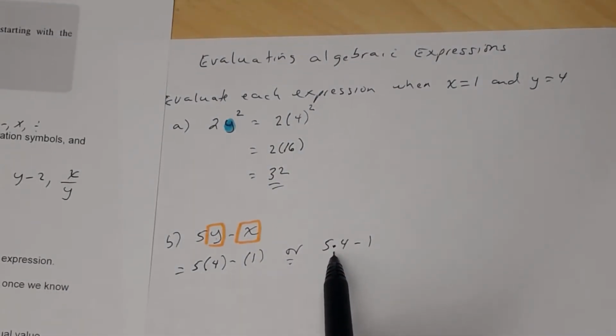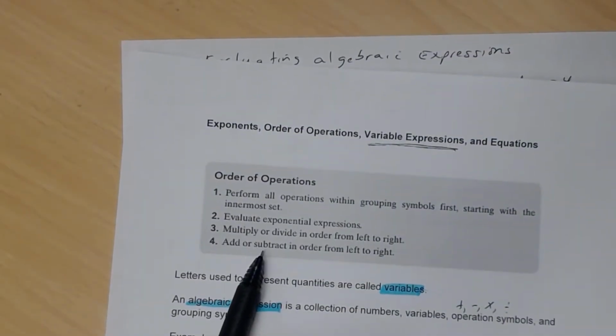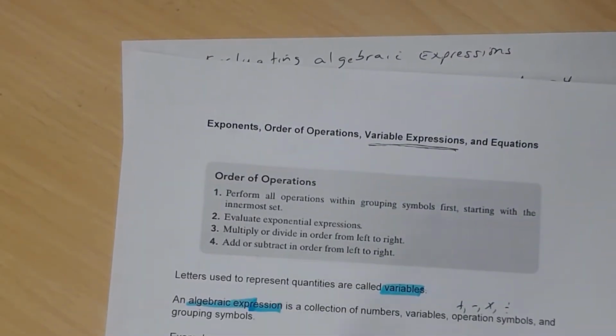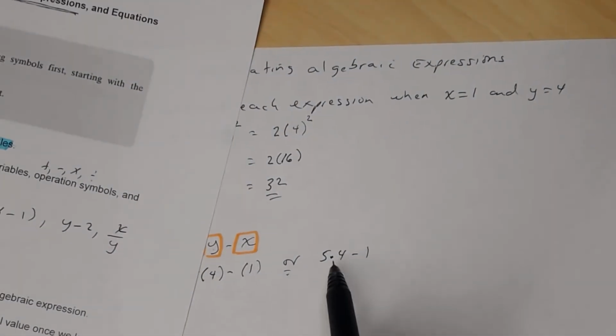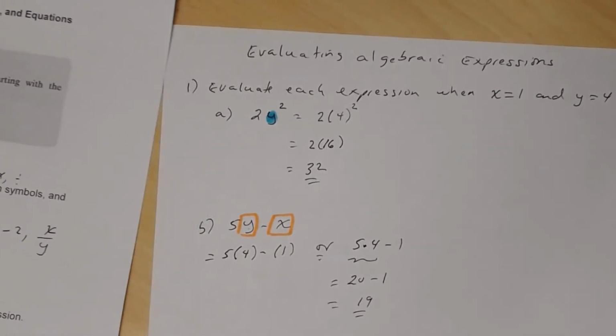The last thing I do is subtract and add from left to right. Multiplication has a higher priority than subtraction, so I do multiplication first. So 4 times 5 is 20, and then 20 minus 1 is 19. So the answer is 19.